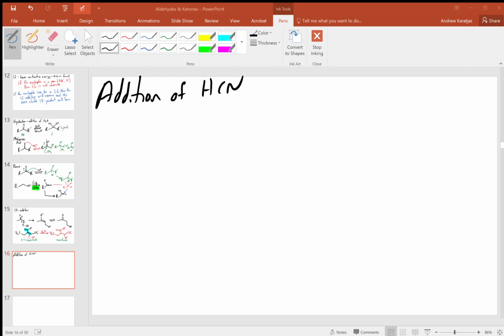And so for safety reasons, instead, you use KCN. But you can only do it under basic conditions, because if you try and do this under acidic conditions and you add water to potassium cyanide, then you'll just form hydrogen cyanide, and that defeats the purpose of trying to do it more safely.